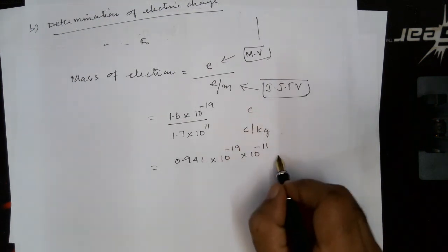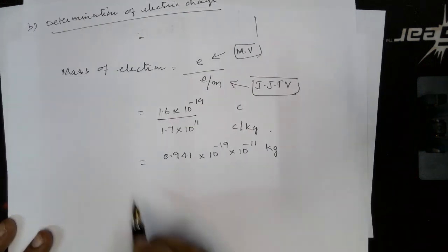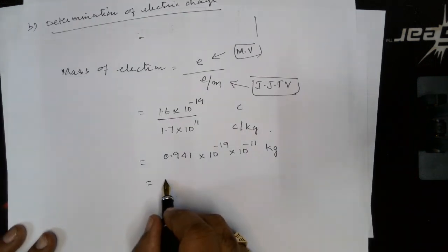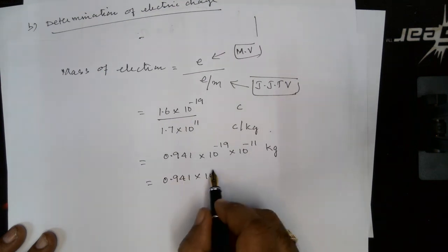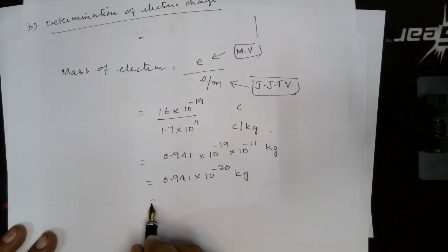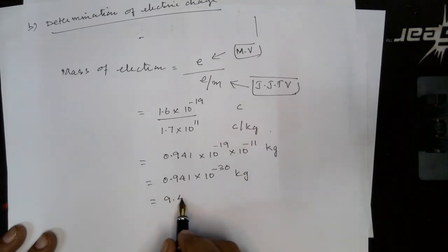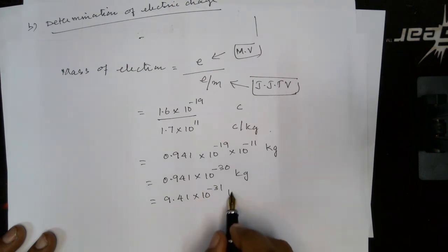So coulomb can be cancelled, you have got kg, right? So 0.941 into 10 power minus 30 kg. You can make it as a scientific notation, so 9.4 into 10 power minus 31 kg.